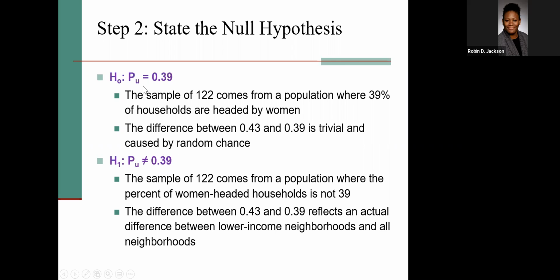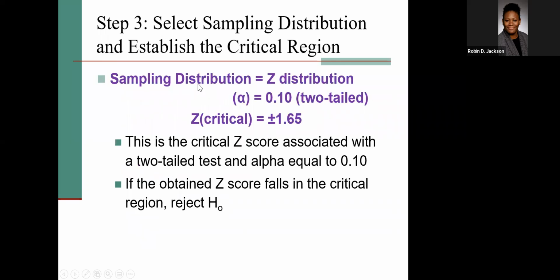So the null hypothesis is that the two scores or the two groups are equal, they're the same. Whereas the alternative is basically that this difference we got from our sample of 0.43 is actually different from that 0.39. There is a difference between the lower income households and all neighborhoods. And again, what you see here in purple, this is what you would write up in the actual hypothesis test when you're writing it out.